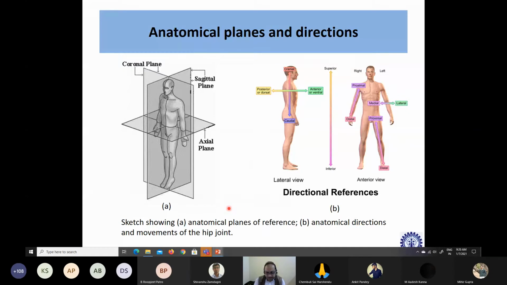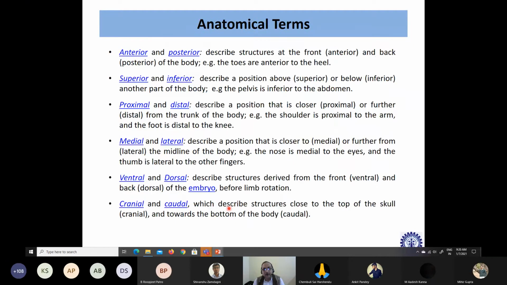So anatomical terms are summarized here. You can see anterior and posterior describe structures at the front and back of the body. Superior, inferior, proximal, distal: proximal and distal describe a position that is closer, proximal, or further, distal, from the trunk of the body. So the shoulder is proximal to the arm and the foot is distal to the knee.